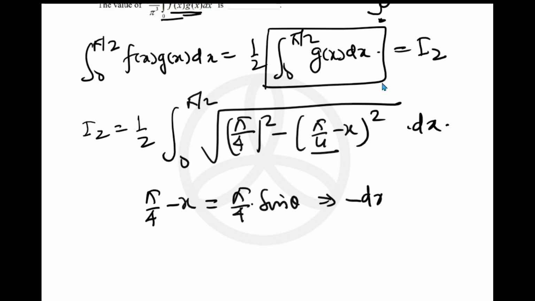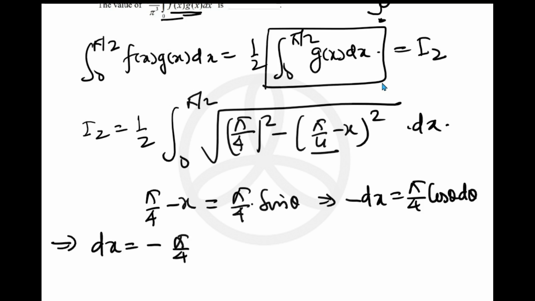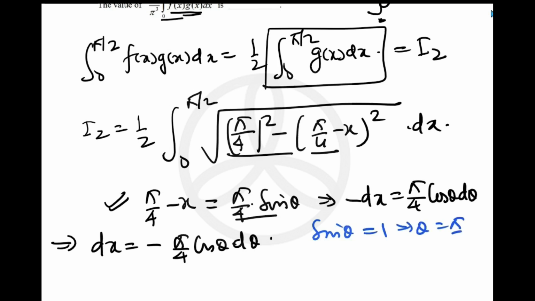This will give me minus dx equals pi by 4 cos theta d theta, so dx is equal to minus pi by 4 cos theta d theta. Substitute this here, and in case you want to change the bounds also, you can do that. Use x equal to 0, then sin theta will be 1 and theta will be pi by 2. Use x equal to pi by 2, and this will be minus pi by 4, sin theta will be minus 1 and theta will be minus pi by 2.